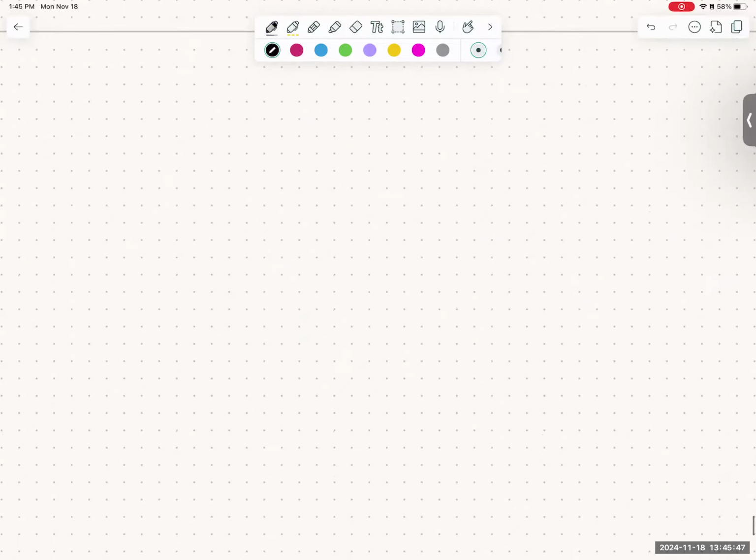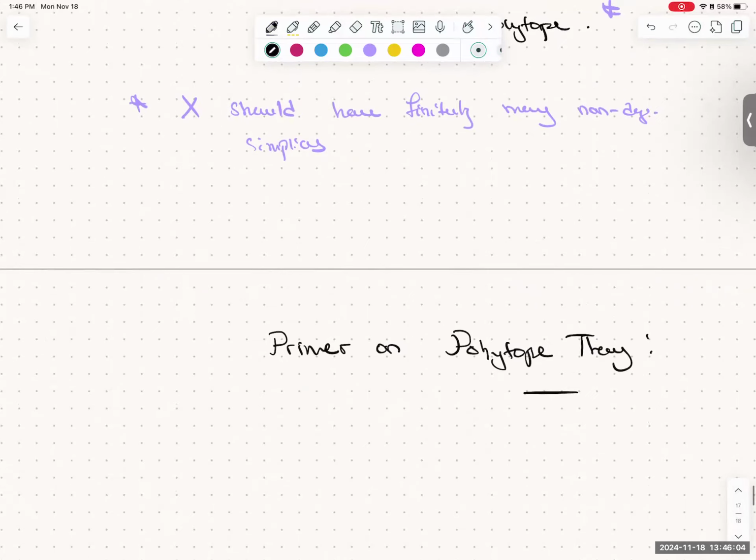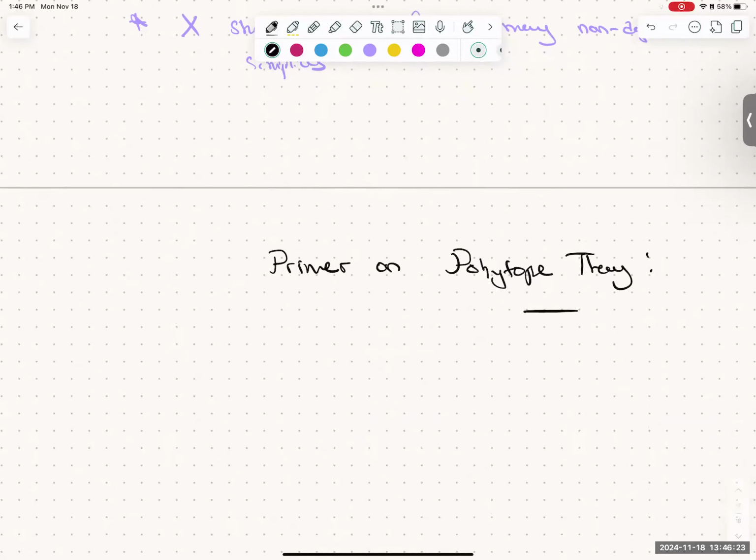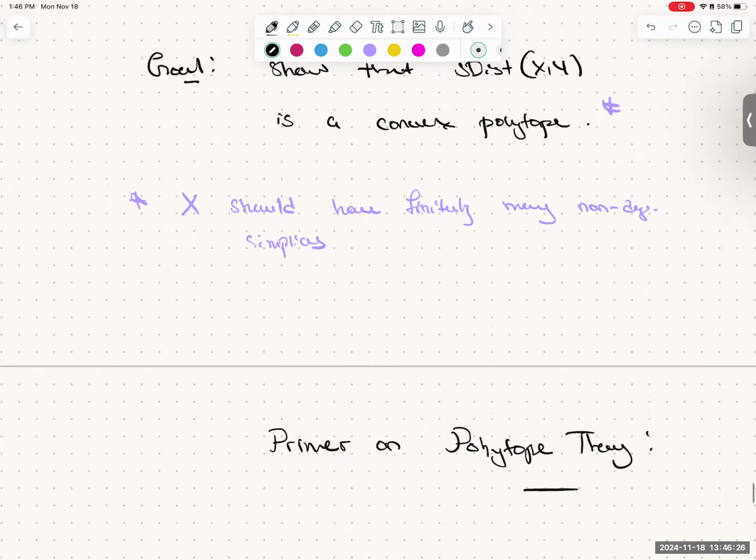Okay, so a little bit of a background primer on polytope theory, just some basic definitions, because to give away a little bit of the punchline, the way that we will see that simplicial distributions are convex polytopes is that naturally these simplicial distributions are given in their H representation. What follows might seem like a lot of detail, but it's a very straightforward thing.